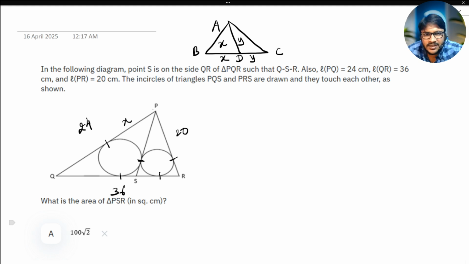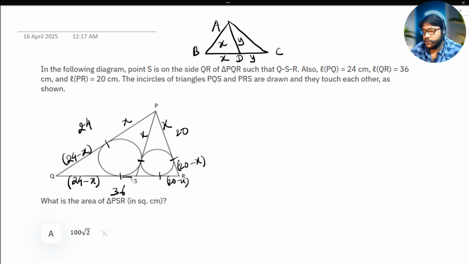I don't want to unnecessarily put too many variables, so I will say that this length is x, so then this becomes 24 minus x, okay, because the sum has to add up to 24. So this will also be 24 minus x, and this will be x, this will also be x, so this length will be 20 minus x, this will be 20 minus x, and I don't know anything about these two lengths, right?